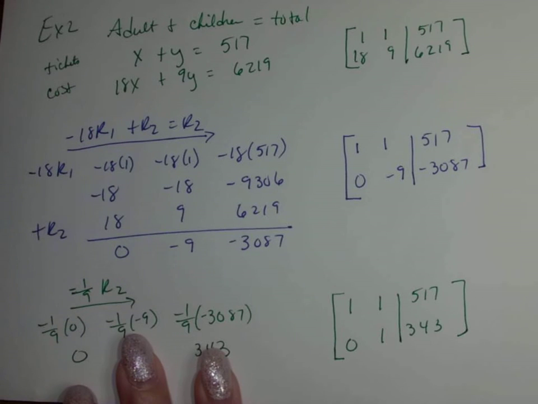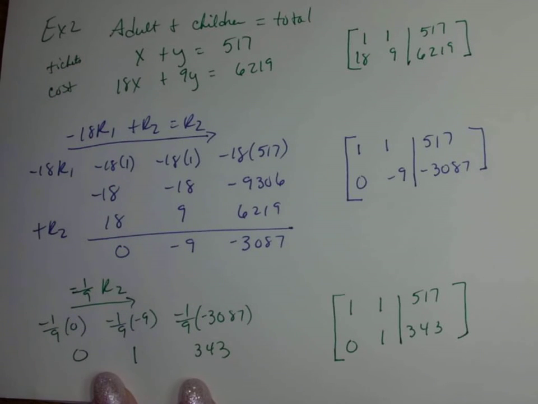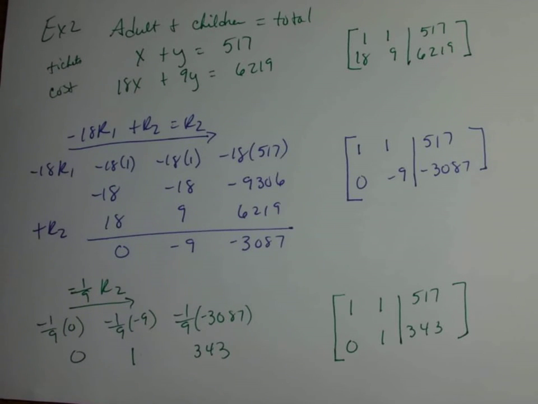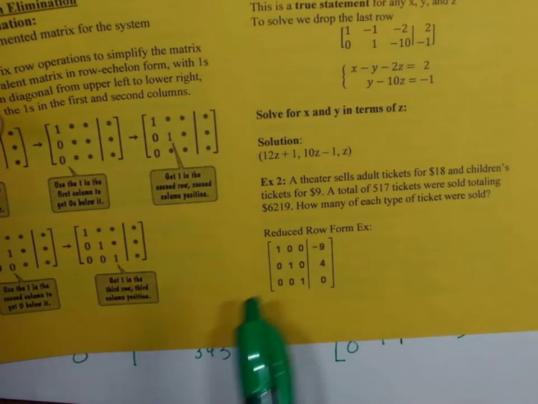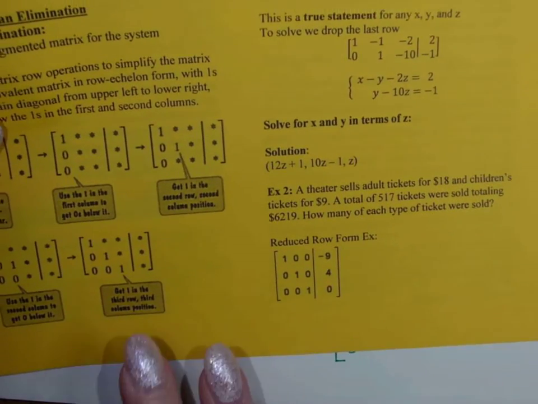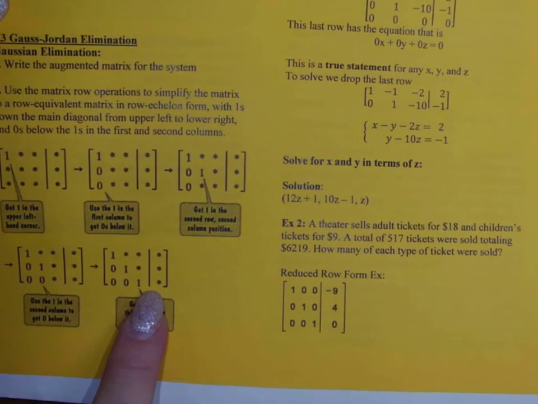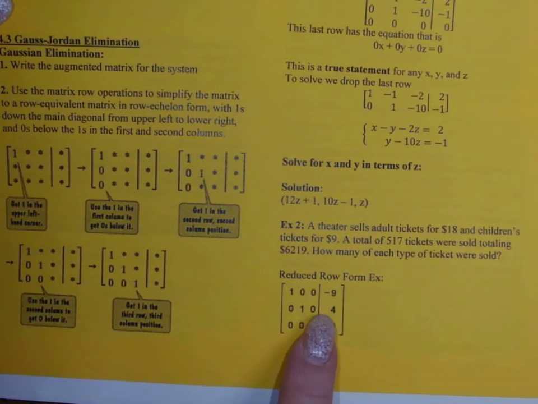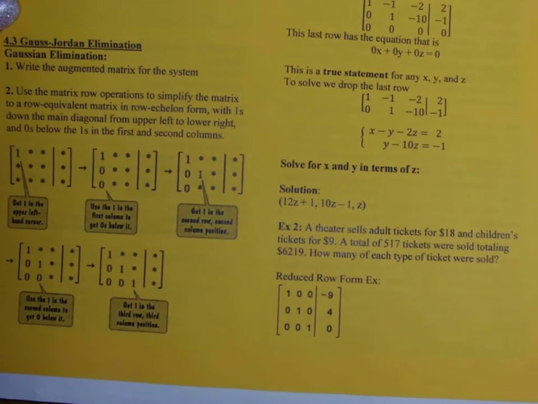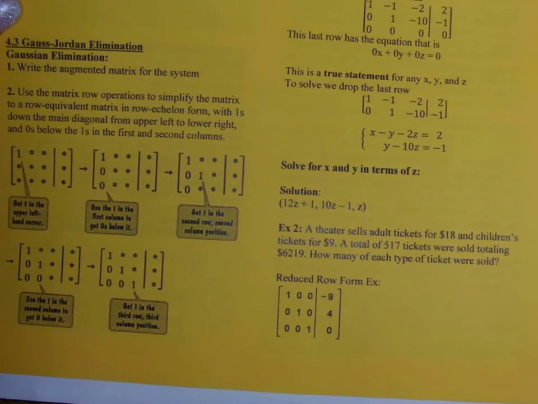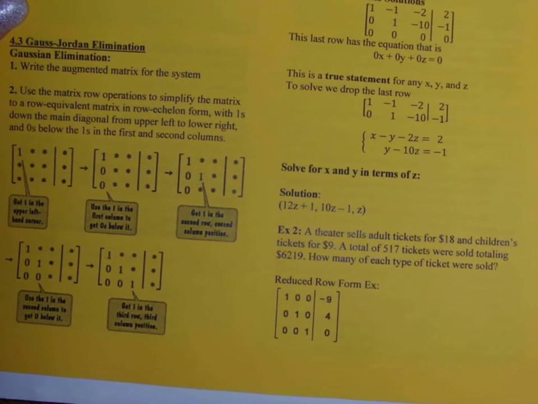Now, if they ask you to do reduced echelon form, that means that they want it where it's all zeros at the top as well. They don't want it where it's just like this. They want all zeros right there. So I'm going to show you how to do the reduced row form, because in your homework you're going to see that.